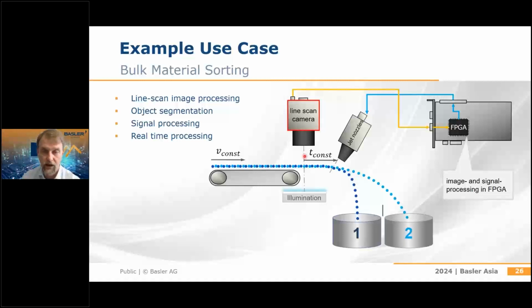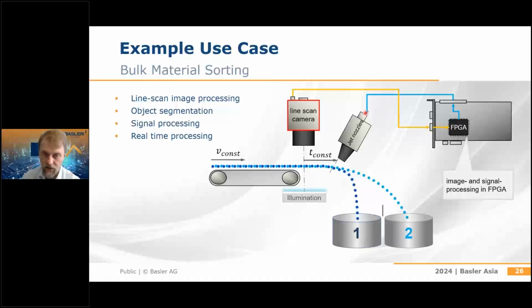So here we have a light. In between of these two lights, the line scan camera is looking through. It can see the dark and white objects. They are just demonstration objects because we don't want to show and cannot show the real application behind. But there are 64 actuators next to each other.